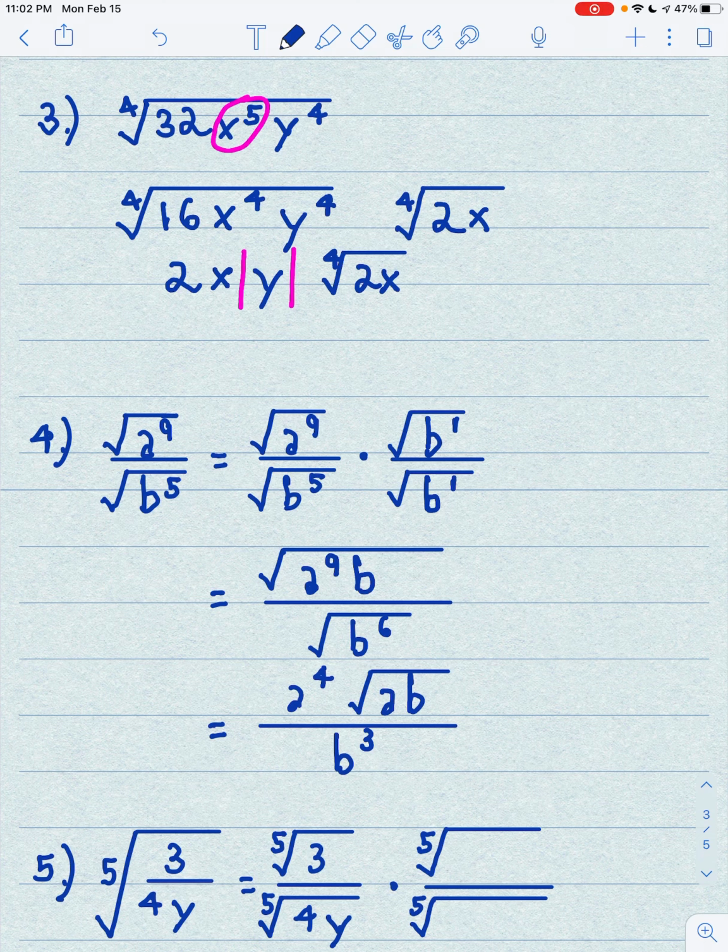And we don't have to worry with any absolute value bars here because for our radicands to be positive, both a and b would have to be positive since it's a to the 9th and b to the 5th.